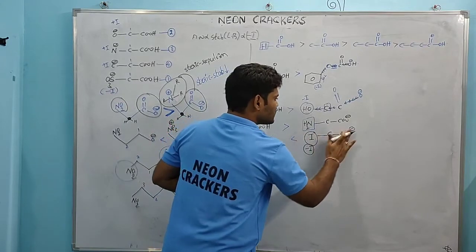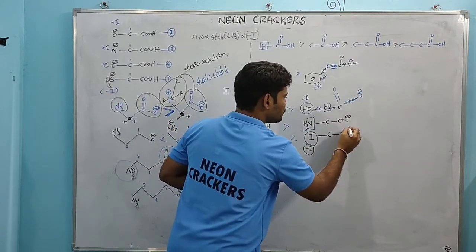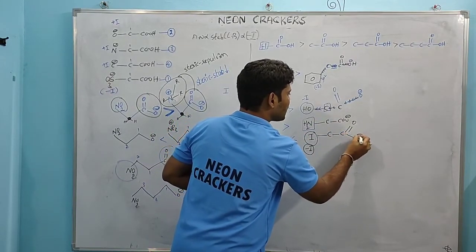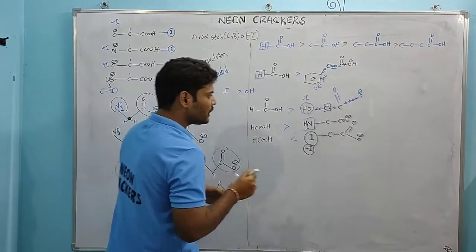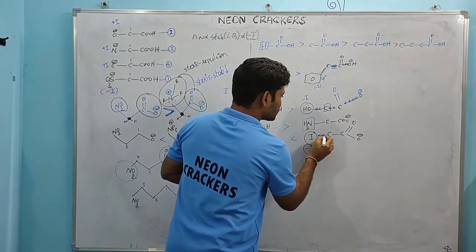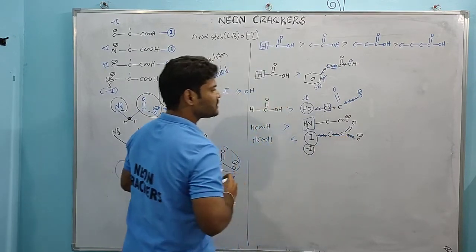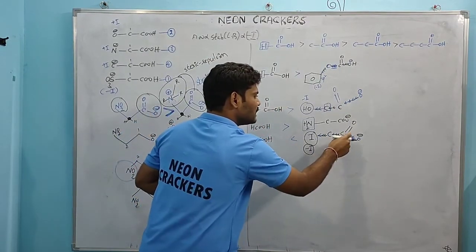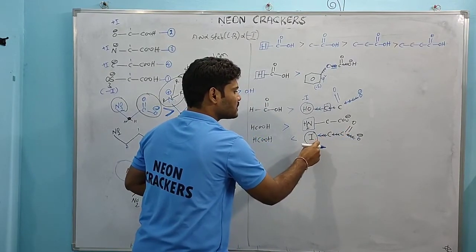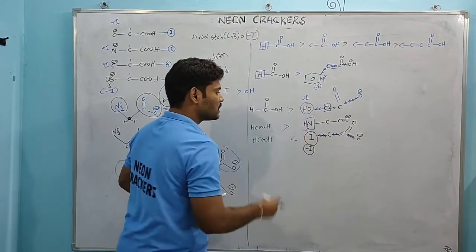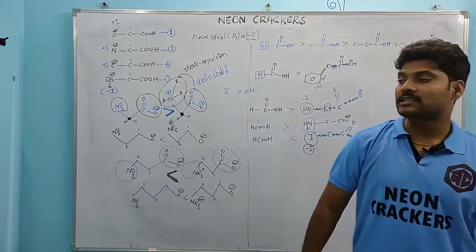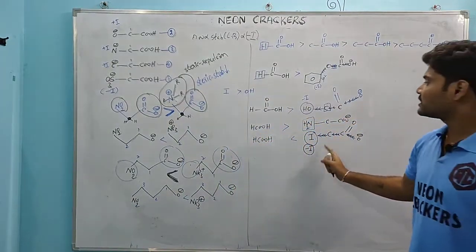Of course, distance is same for these factors, but due to having stronger minus I effect, it may polarize the oxygen sigma bond also. It has that much strength, so it is stabilized because of stronger minus I compared to these two. That's why it will be more acidic in nature.